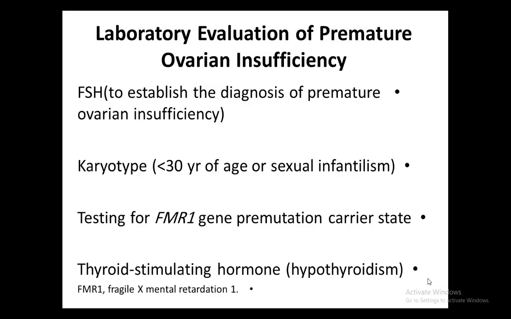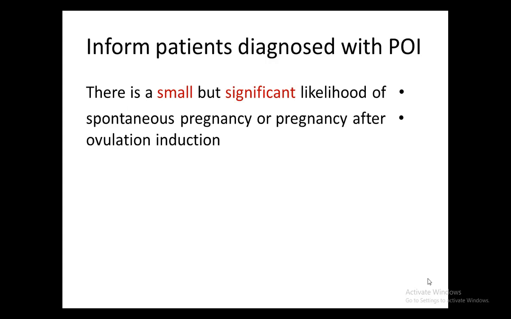Laboratory evaluation: FSH level to establish the diagnosis, karyotyping when the woman is less than 30 years of age or sexual infantilism is found, testing for the FMR1 gene pre-mutation carrier stage, and thyroid stimulating hormone for the hypothyroid state. This is the fragile X mental retardation 1 gene.